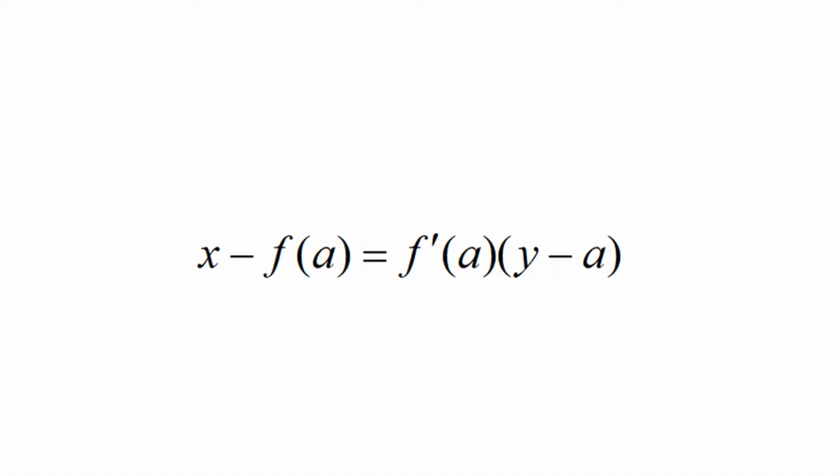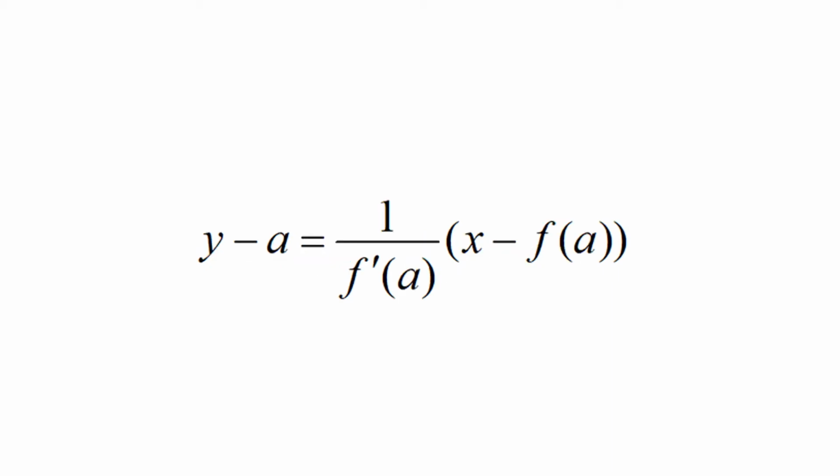Hence, the equation of the tangent line to y equal to f inverse of x at the point (f(a), a) can be obtained from that of the tangent line to the graph of f by interchanging x and y, which gives x minus f a equal to f dash a into y minus a, or y minus a equals 1 by f dash a into x minus f a.